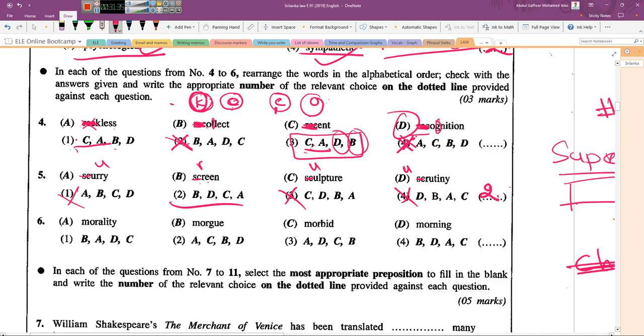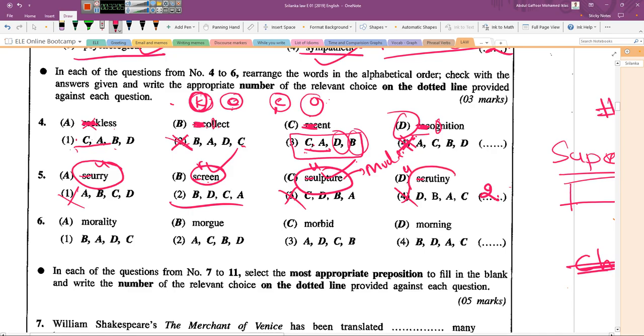But knowing the answer is not our goal. We have to understand the words here, right? So we will look at what scurry is. Now screen, you know, and sculpture means an idol or a kind of model, right? A model used in parks and other things. For example, sculpture means a kind of model of a human, like that, right?